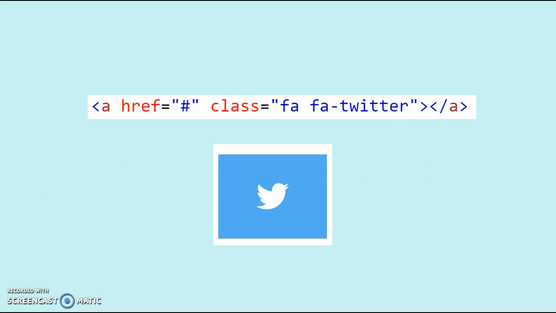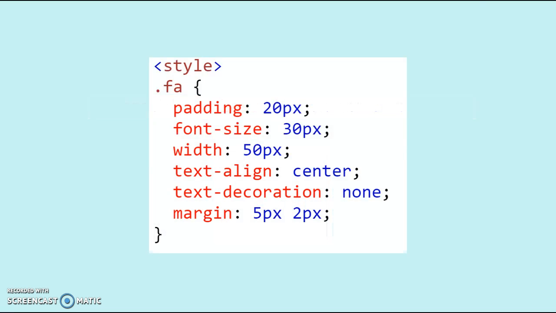So I'm going to use Twitter in this example. So we use an a href and whatever it's going to be pointing to. And then in your class, have your FA for Font Awesome again, FA Twitter. And so we're going to make it look like that.